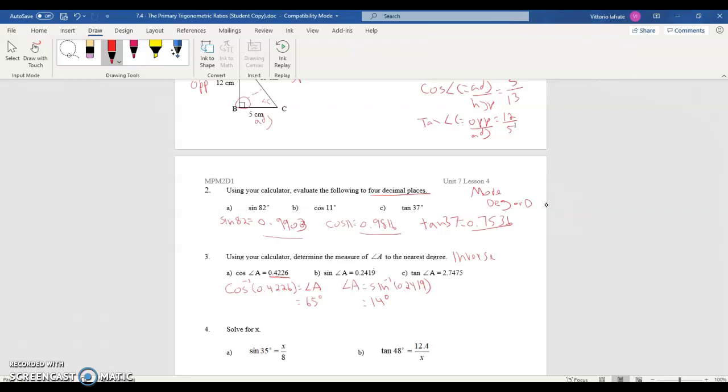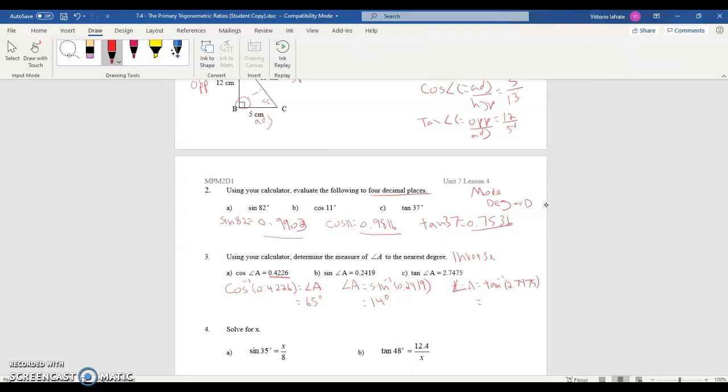And then same idea for the tan. If you have tan of an angle, to find what that angle is, what you want to do is the inverse tan. So we have angle A is equal to inverse tan of 2.7475.